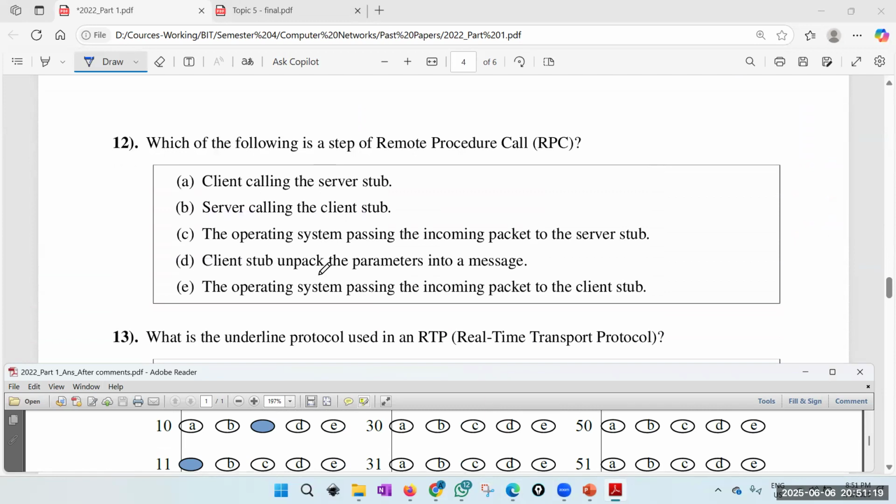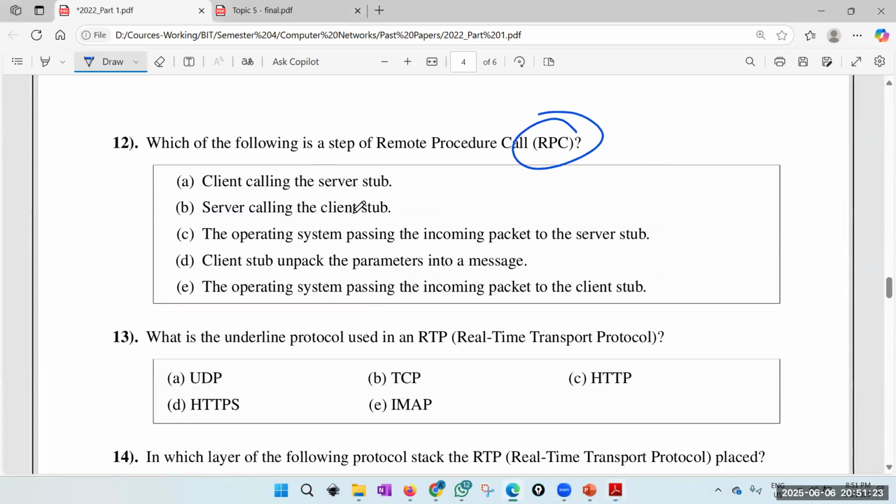Which of the following is a step of remote procedure call, RPC? Client calling the server stub? No. Client calls the client stub. Server calling the client stub? No. The server stub calls the server or server skeleton. The operating system passing the incoming packets to the server stub.